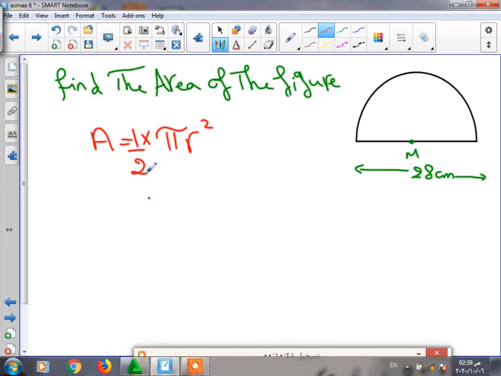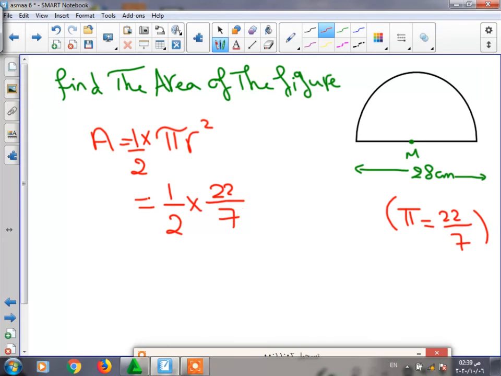Then substitute the value of pi and the value of the radius. Consider that pi equals 22/7. Okay? So put the value, half, then times the value of pi, 22/7, times the value of the radius.